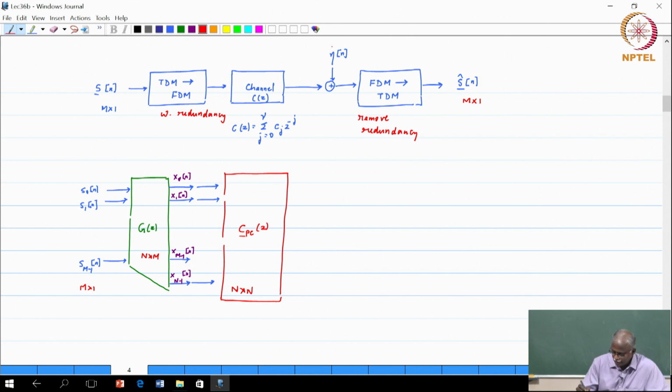Now, I am ignoring the noise. What comes out of it is the vector r, and just like before, this is an N cross 1 vector. So, let me label them as r 0 of n, r 1 of n.